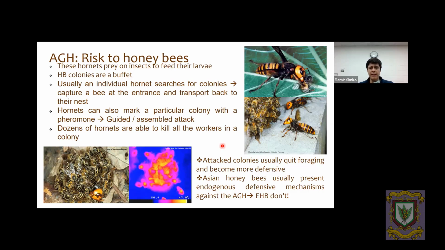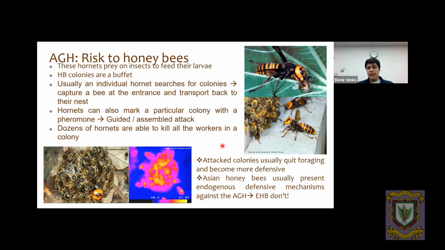But this attack can be somehow guided or assembled. When this happens, hornets will kind of mark the way to the colony, and even mark the colony that they want to attack. So other nestmates can be guided and find this honeybee colony.